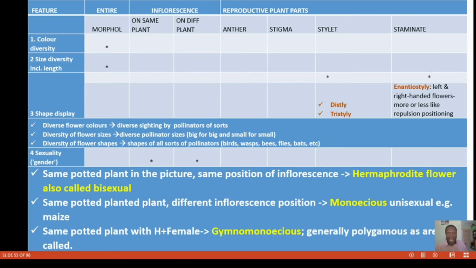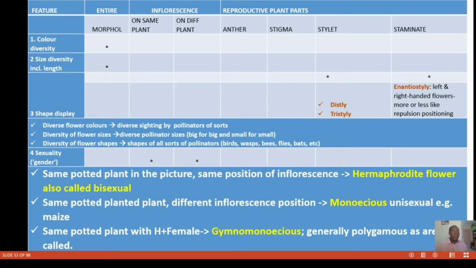As this slide shows, the various bits of the morphologies are obvious, right from the entire plant to particular parts, where the stars are indicated, as is obvious in the style and staminate.